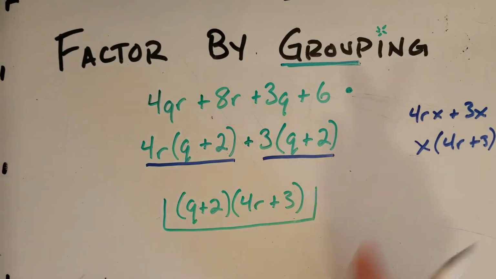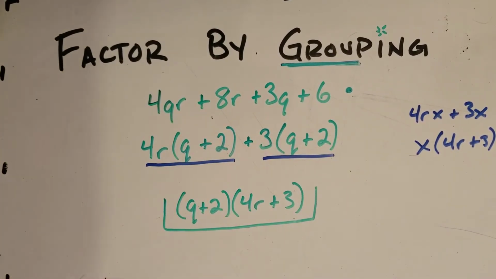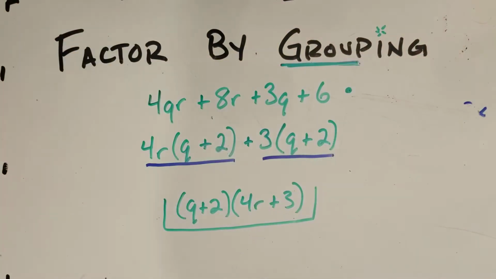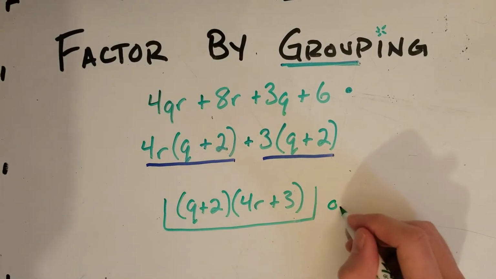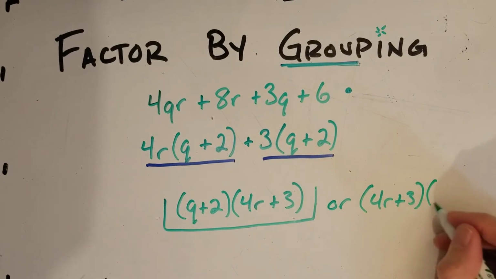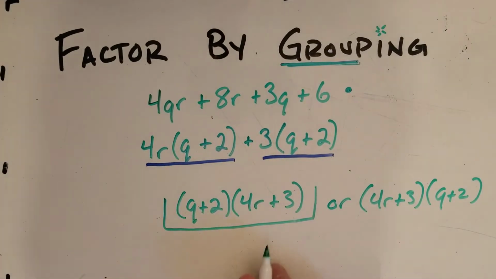It can be a little harder to see, but once you realize what it is, it's just factoring a whole binomial out. And you could also write this, if you wanted to, as 4r plus 3 times q plus 2. You can change the order of the binomials. You're still multiplying them together, you still would FOIL them.